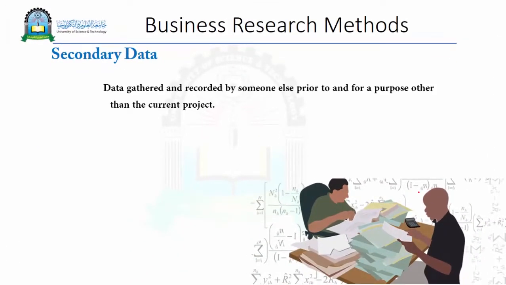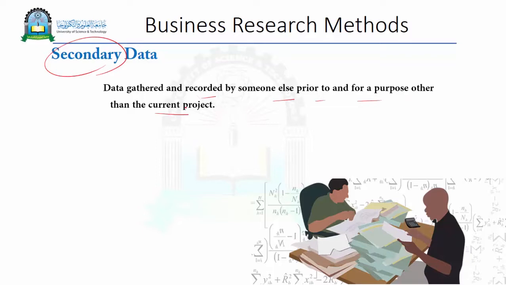Now let's talk about the types of data. When we talked about the topics of this session, we mentioned two types of data, secondary data and primary data. Let's start with the secondary data. Secondary data is data gathered and recorded by someone else prior to, and for a purpose other than, the current project.